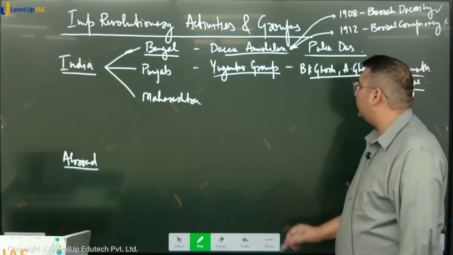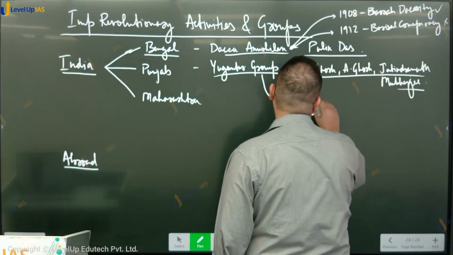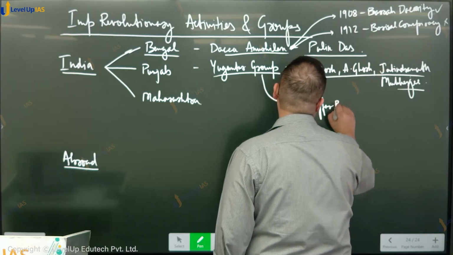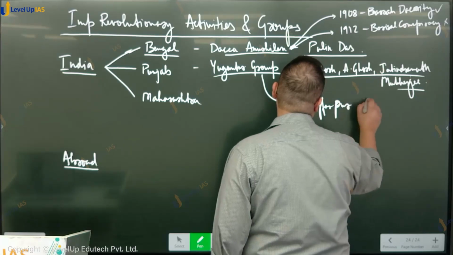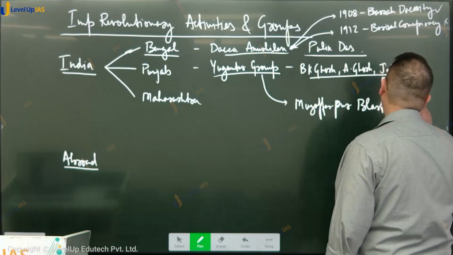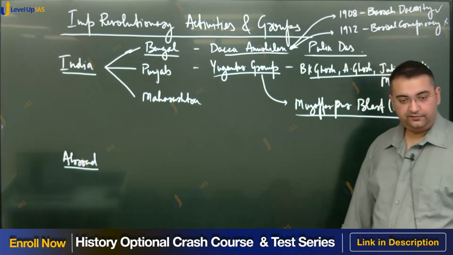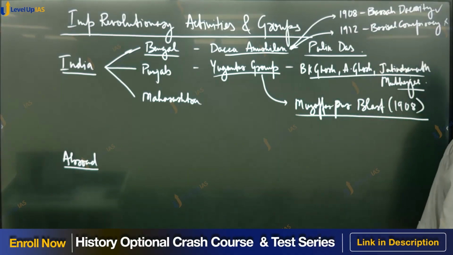Yugantar group के important acts: the Muzaffarpur blast in 1908, carried out by Khudiram Bose and Praful Kumar Chaki. Objective क्या था?